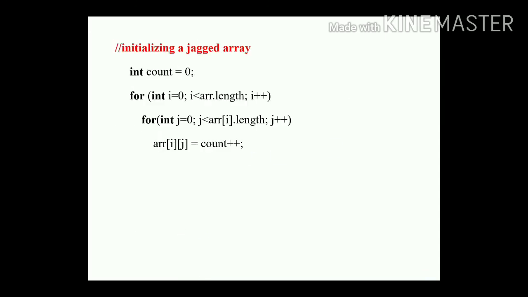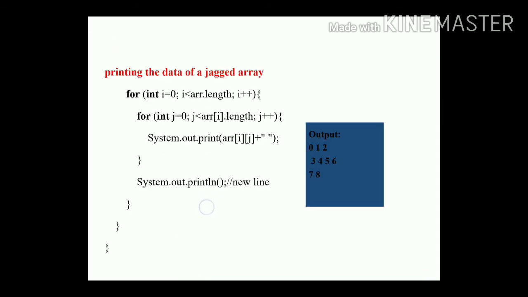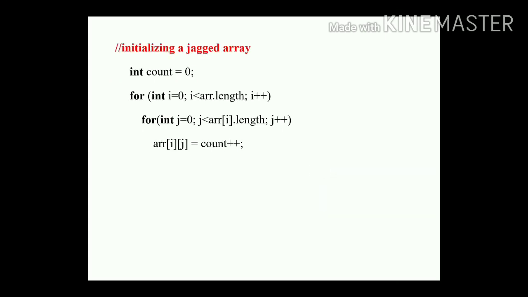Next initialization is int count equal to 0, and for loop: int i equal to 0, i is less than array dot length, this is the length of the array, i plus plus. For int j equal to 0, j is less than array of i dot length, j plus plus. Array of i j equal to count plus plus.